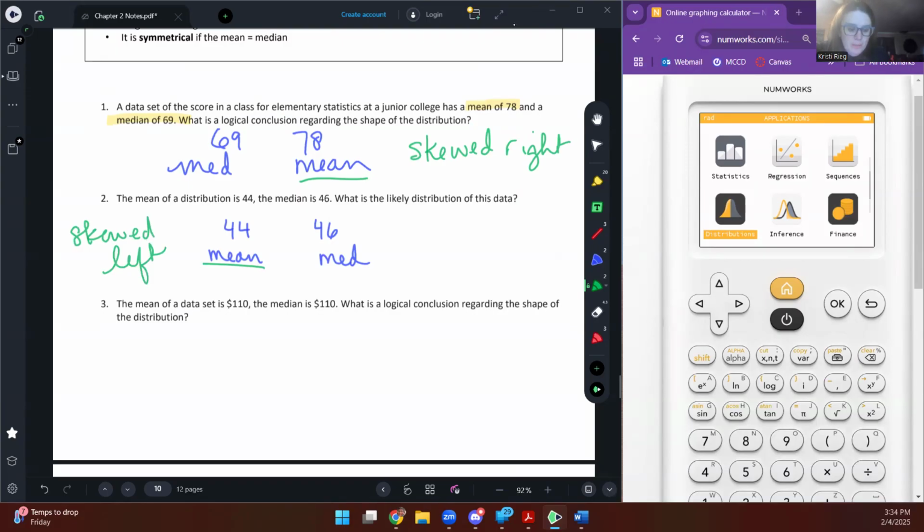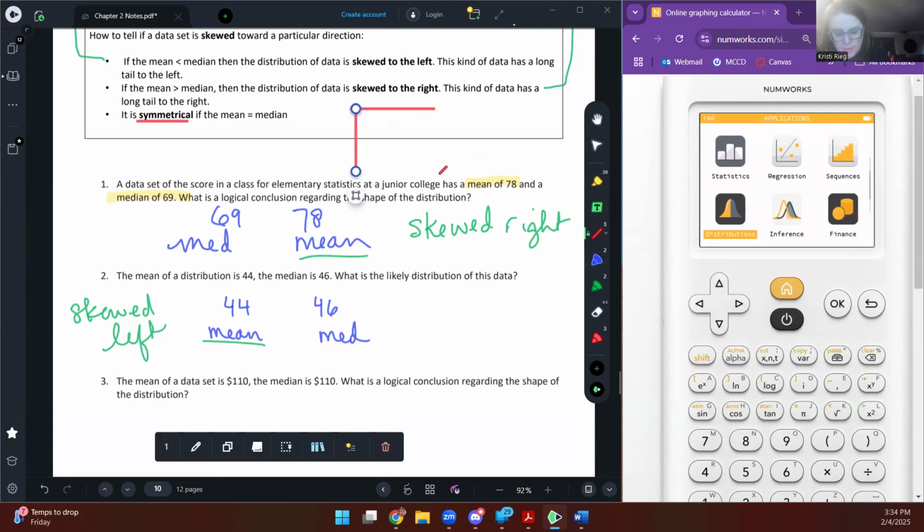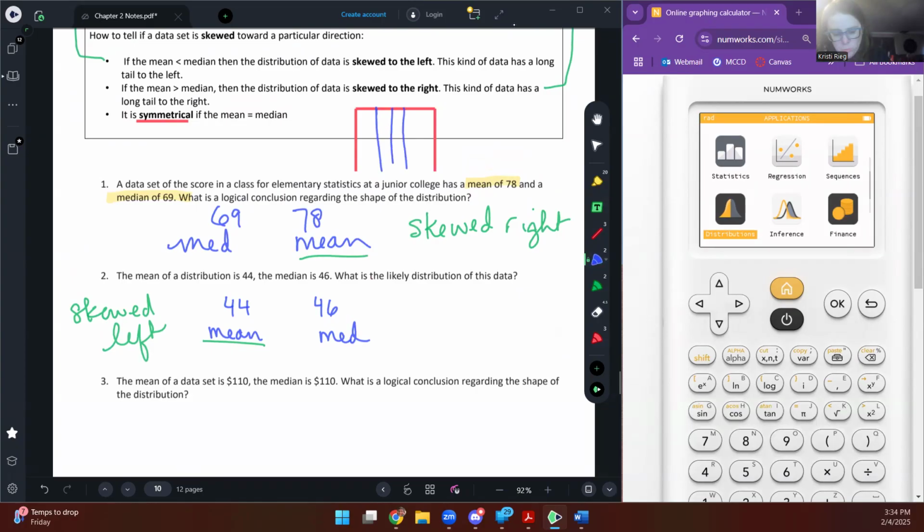Now there's one other scenario I forgot to mention. It's the last one listed here, and it says it's symmetrical if the mean equals the median. So in other words, that picture would look like this super boring histogram. Everything's equal across the top.